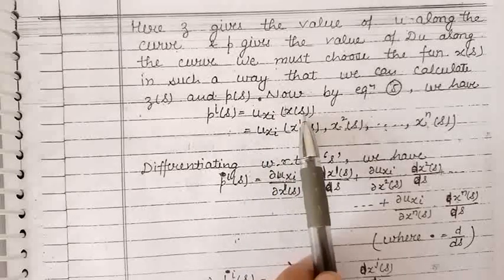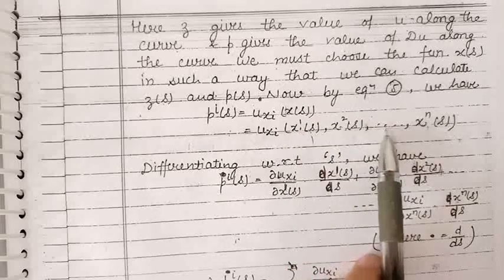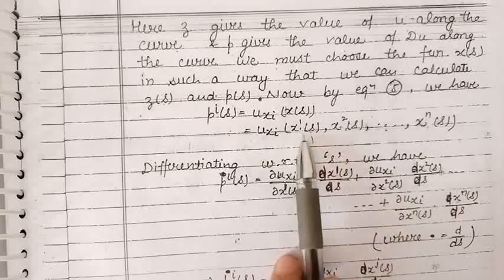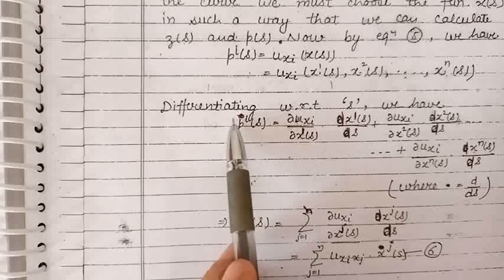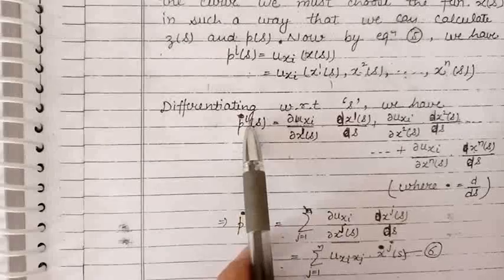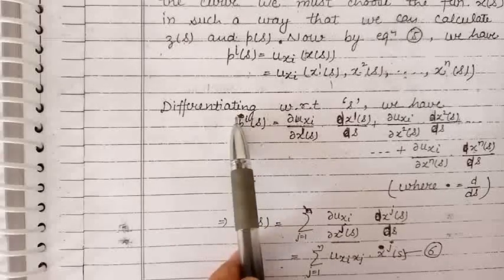Now because the components of x, we have taken x1, x2, x3 up to xn. Let us differentiate with respect to s. The derivative with respect to s we have denoted by dot. So the derivative of pi with respect to s is denoted by pi dot.